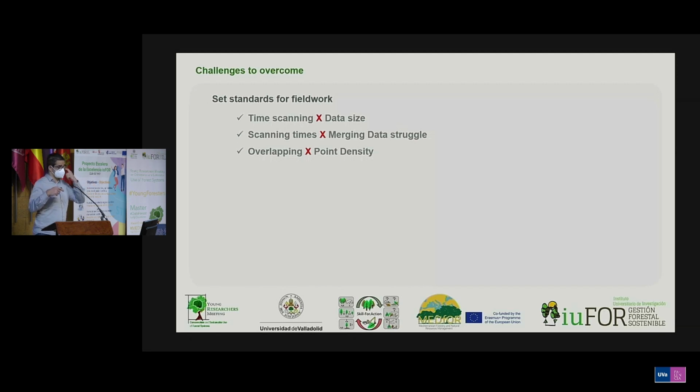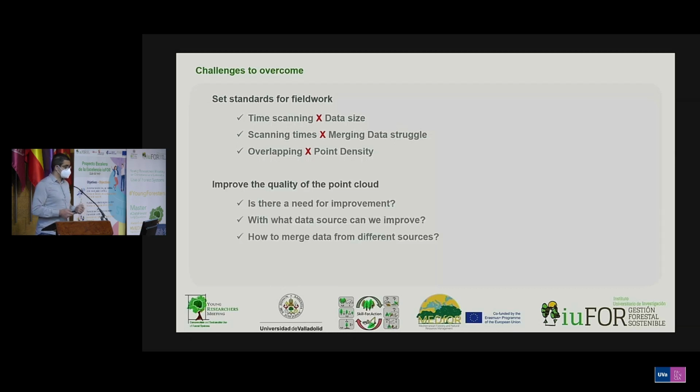Nowadays we're facing a problem merging the data. Can we scan the whole area only one time, or can we split this data? If we split, we have a problem merging the data. Overlapping also: what's the overlap I should get from this point cloud?